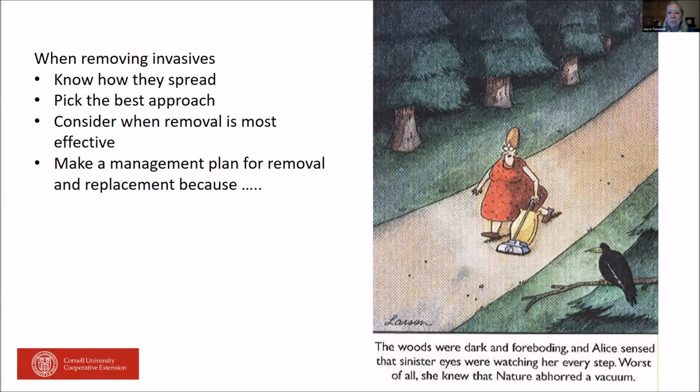When you pull things out, you are disrupting the seed bank, you have new seeds coming in, and you often have new invasives coming in more aggressively than the other plants that you want to encourage. So if you remove, you must replace, or you'll just have more invasives activity.